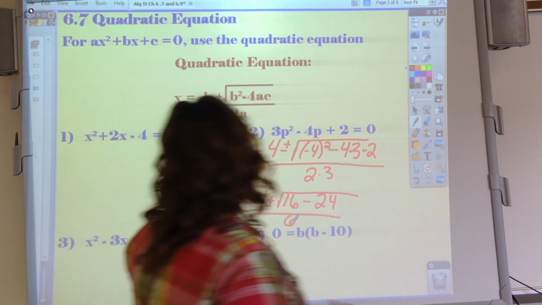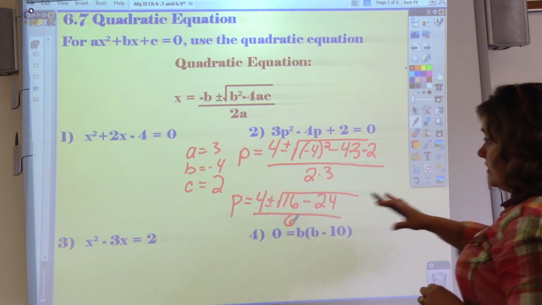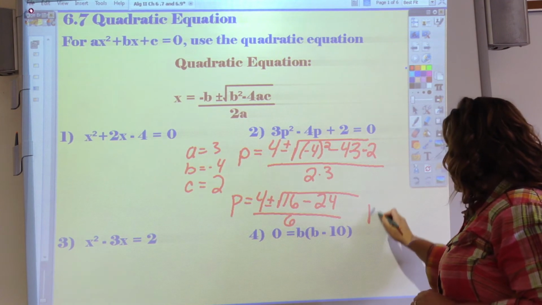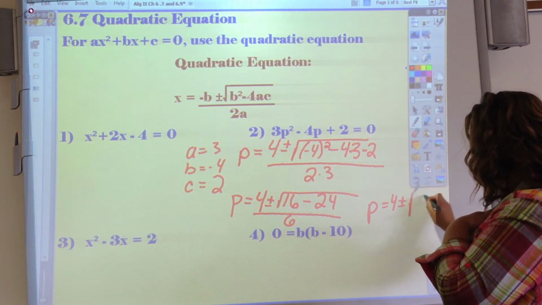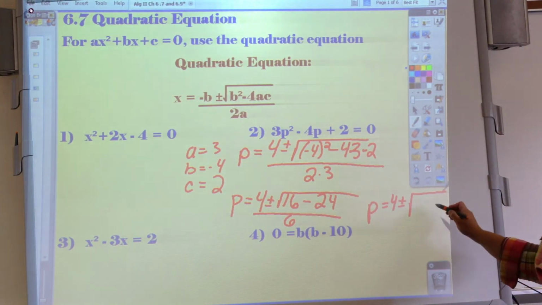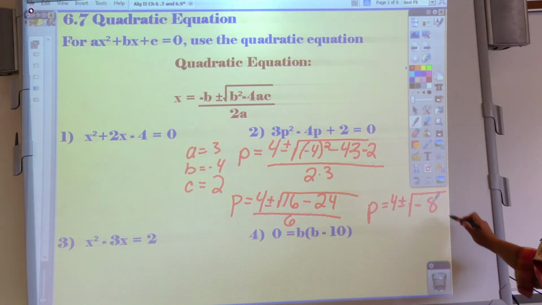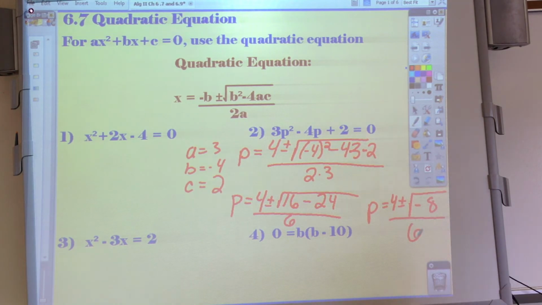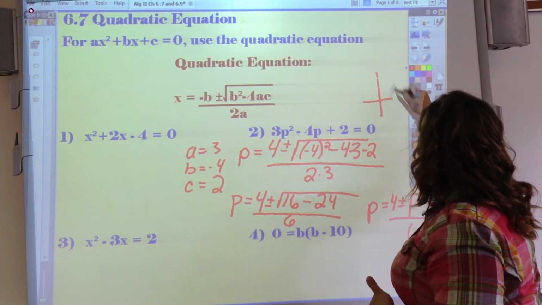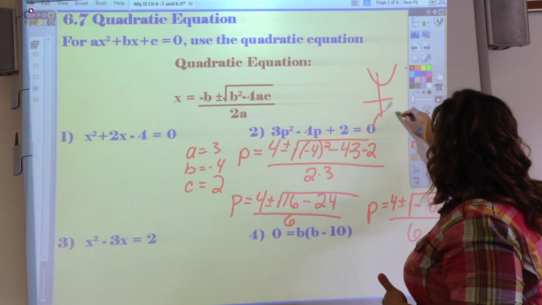So hopefully what we notice here is that we're ending up with a negative square root. With a negative square root, do I have any real number solutions? And the answer is that I absolutely do not. That means that in this graph, my graph could be up here or down here.